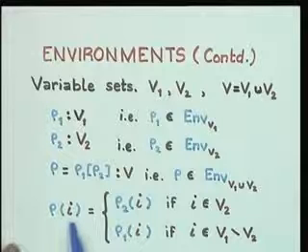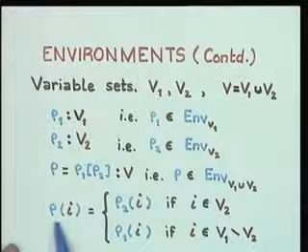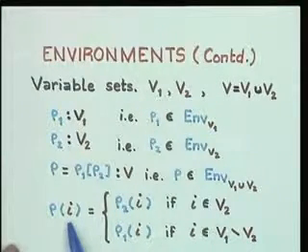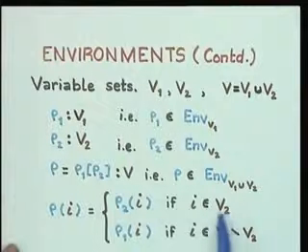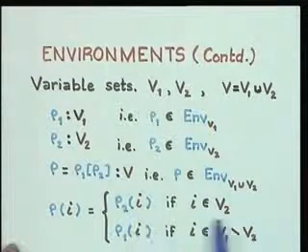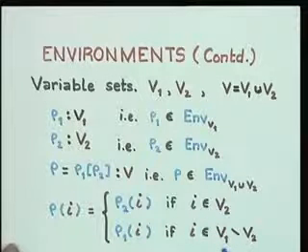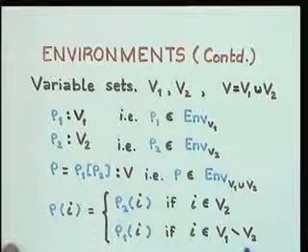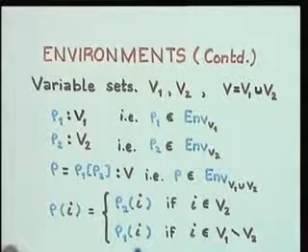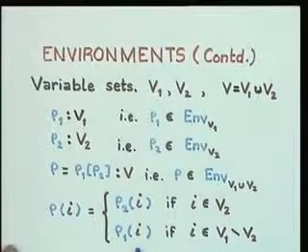So the binding in this updated environment of any identifier I is rho 2 of I if I belongs to V2. I could belong to V1 too, but that does not matter. And if I does not belong to V2, then it is whatever is defined by rho 1.